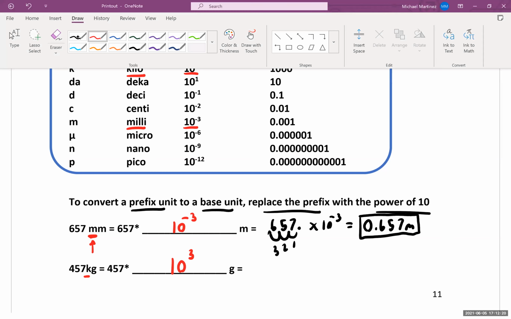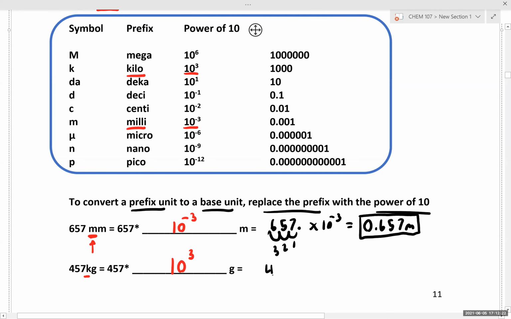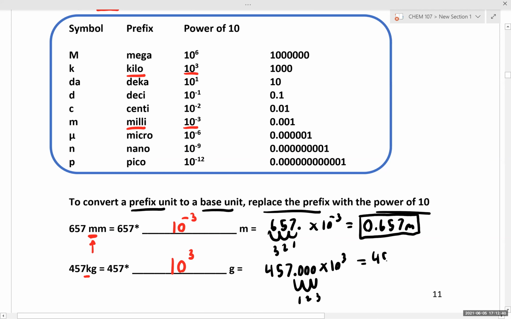And again, we know how to multiply by positive powers of 10. We put our decimal point at the end and then move our decimal point, in this case, 3 spaces to the right. That in turn gives us 457,000 grams. Don't forget your units. They're critically important.